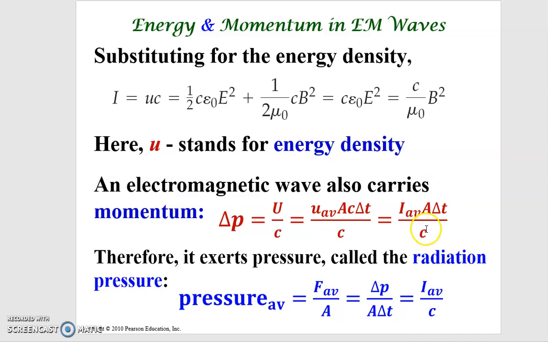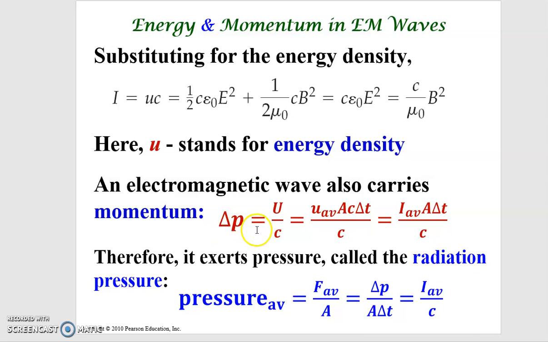if you substitute this formula into this relation, then you will get that the pressure exerted by the EM wave on the cross-section area A is actually related to the intensity of the EM wave divided by the speed of light. So now let's try to connect all three important physics quantities here. First, the intensity of the EM wave is expressed in terms of the energy density multiplied by the speed of light. The second one is the momentum carried by the EM wave.